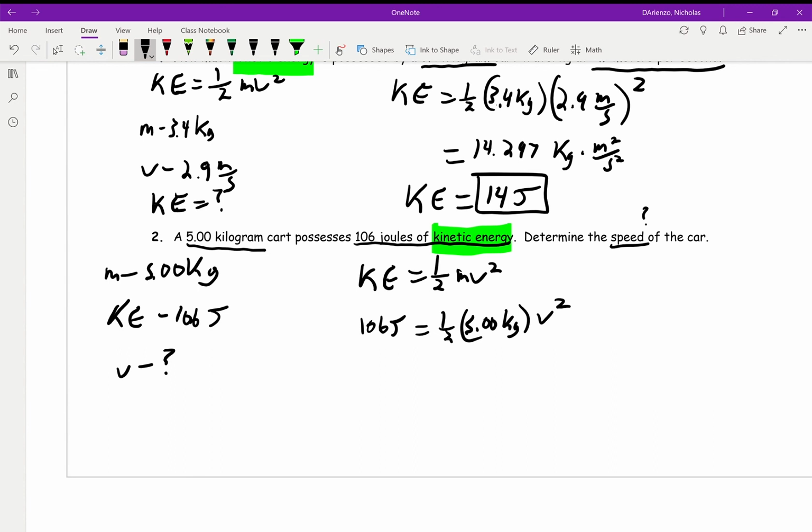Now if we were to reorganize this, it will simplify down to v squared equal to 2 times 106, and we divide that by the mass of the cart of 5 kilograms.